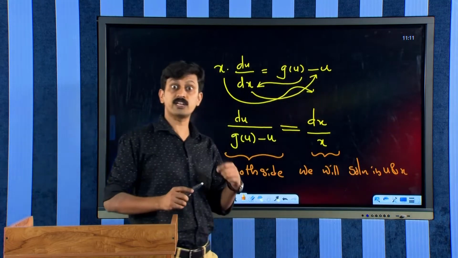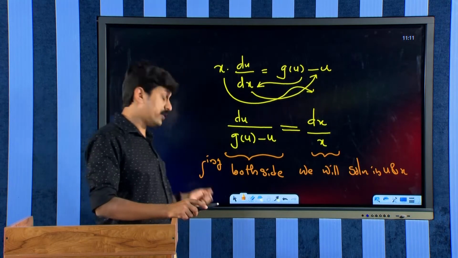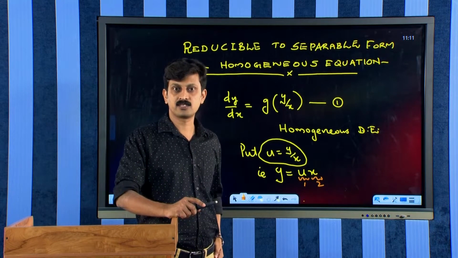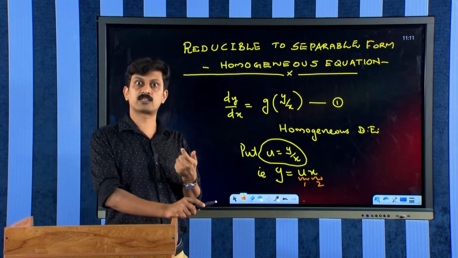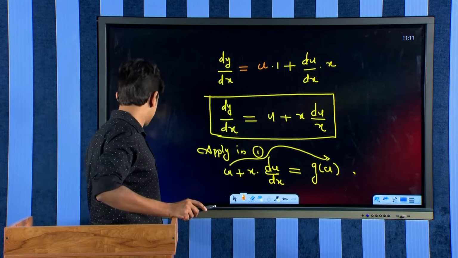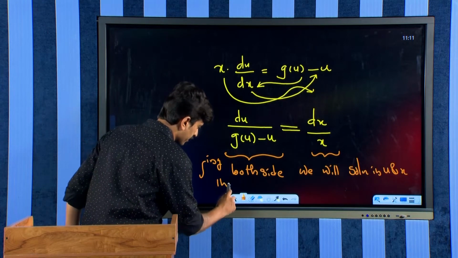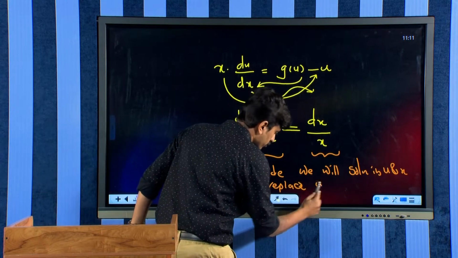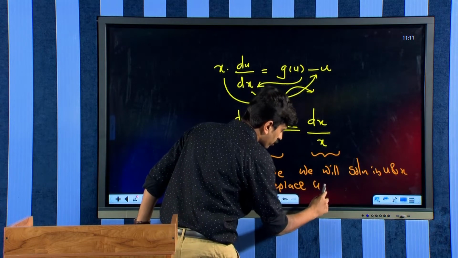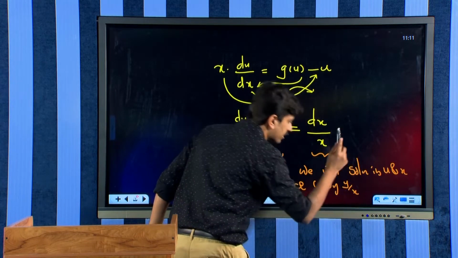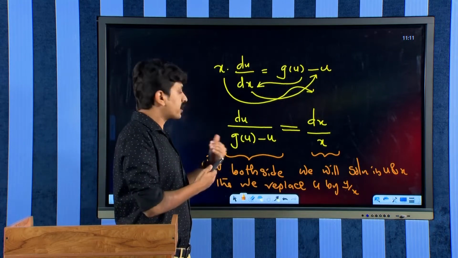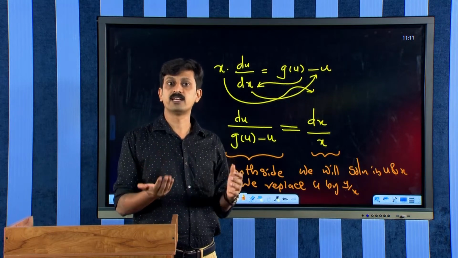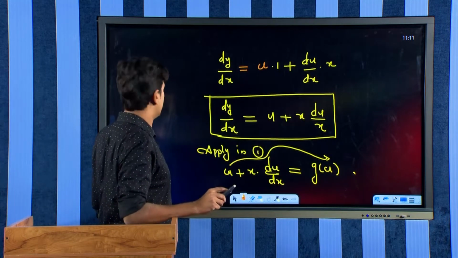Since we substituted u as y by x, after getting the general solution in u and x, we replace u by y by x. After replacing u by y by x, we will have a general solution in x and y. That is the general solution of differential equation 1.